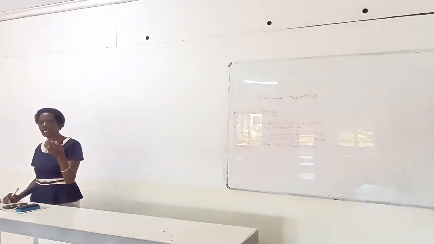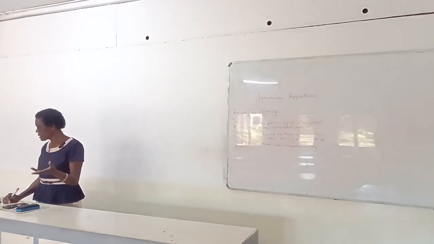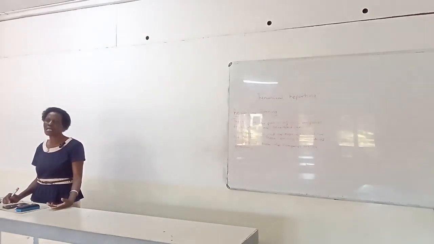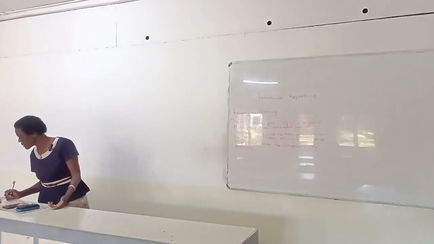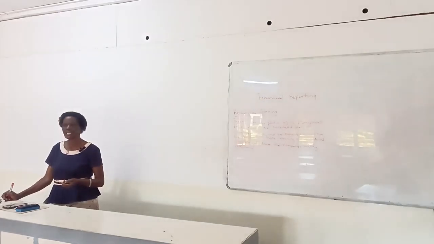Then we have gross profit, then expenses, and the operating income, earnings before interest and tax.